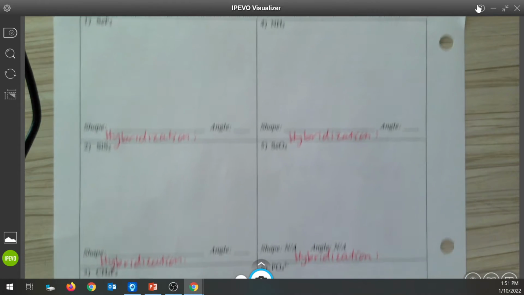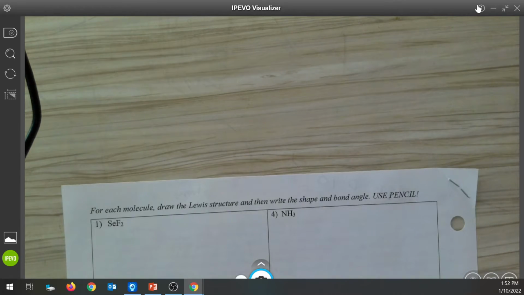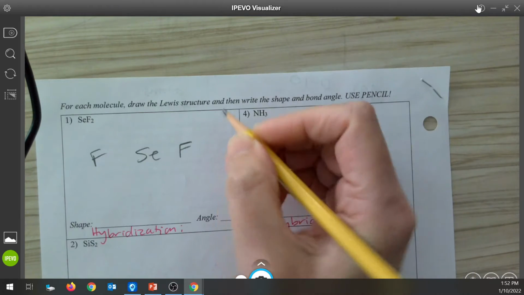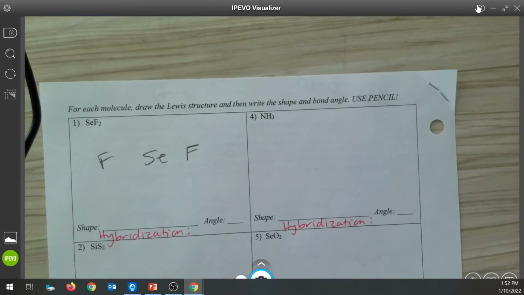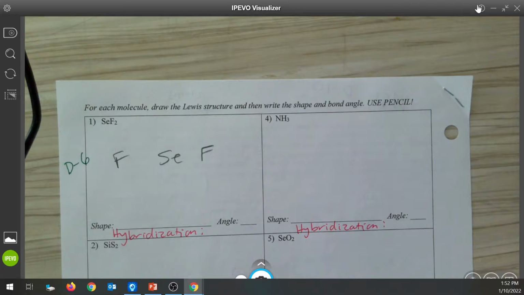Okay, so I think these are all going to be covalent. I think the easiest way to draw these will be to use method 2, where you just add up all the electrons on the side. So draw your skeleton structure, and then add up the electrons on the side. You can look back at D6 if you don't remember how to draw the dot structures.